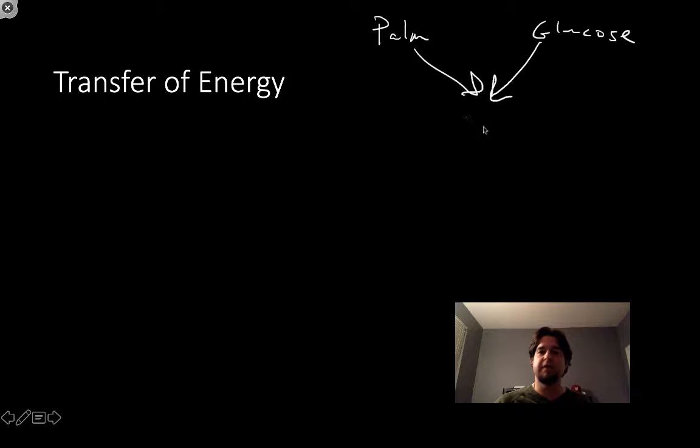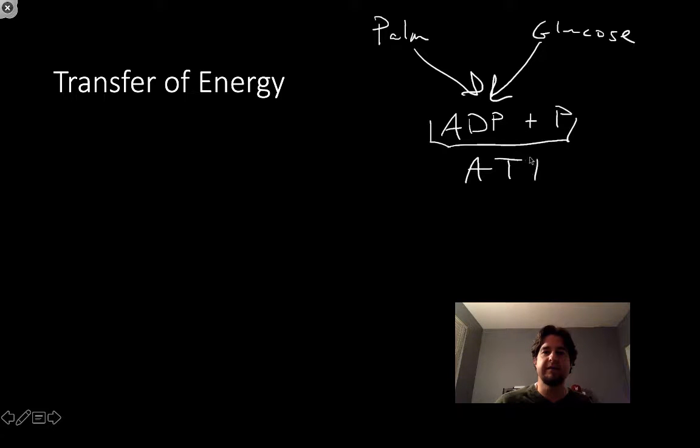So we're transferring that energy to take adenosine diphosphate and an extra phosphate and combine those guys into ATP. So we're going to oxidize palmitic acid, we're going to oxidize glucose and a whole bunch of other stuff along the way to eventually transfer that energy into ATP, the main molecule for biologic work.